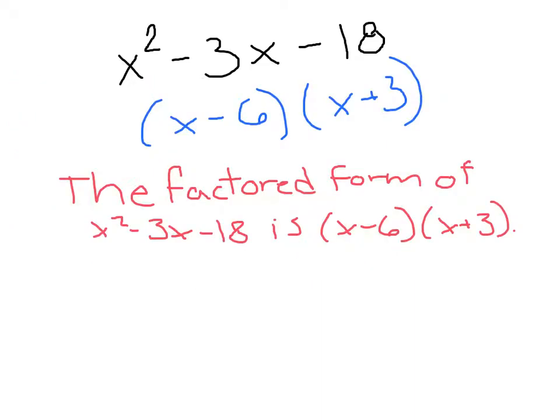Therefore, after finding it, we saw that the factored form of x squared minus 3x minus 18 is x minus 6 times x plus 3.